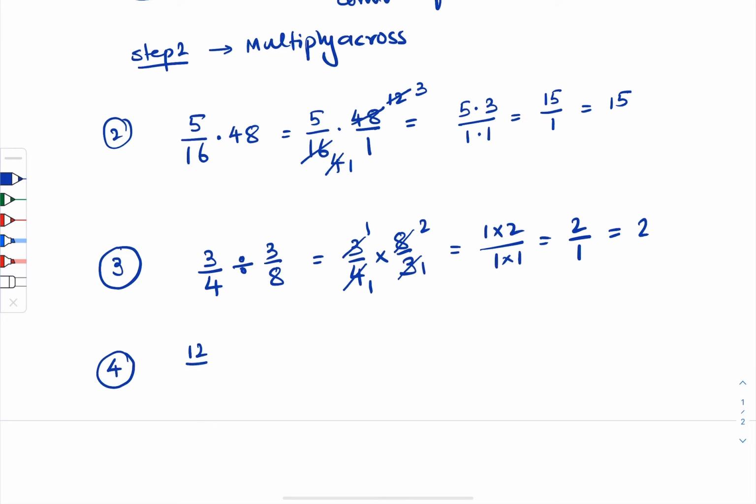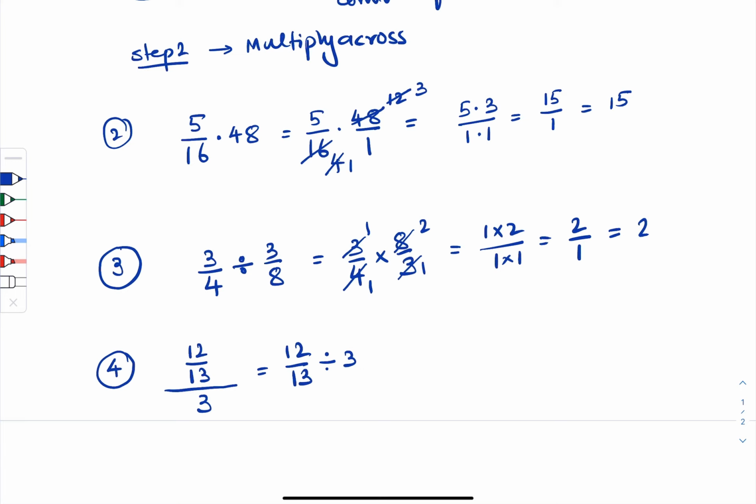So let's say you have 12 over 13, and the whole thing is over 3. Notice carefully, when I said the whole thing is over 3, this line is actually pretty big. And when you see a very big line in a fraction that looks pretty complicated, that line is interpreted as a division sign, okay? So what you could do is you could do 12 over 13 and then replace the line with the division sign and then write the 3 after.